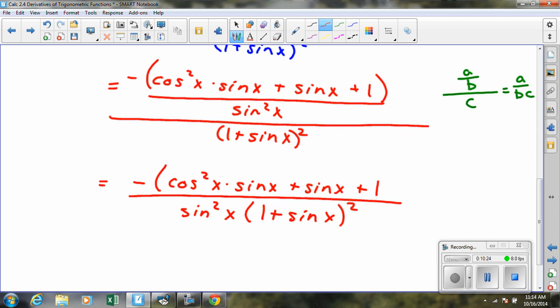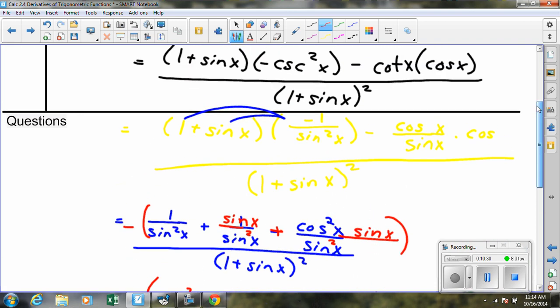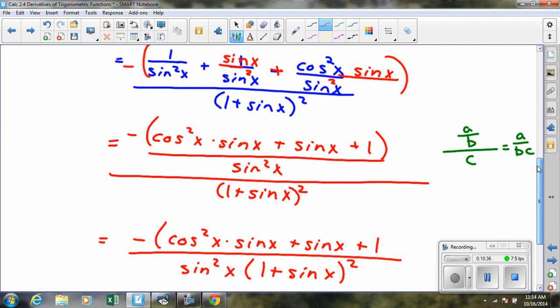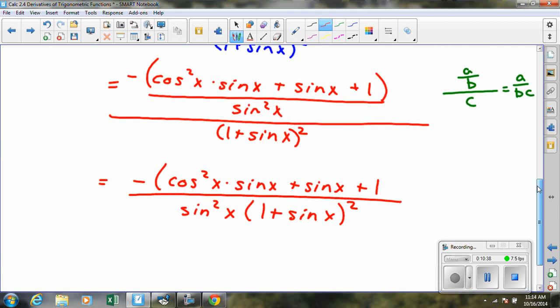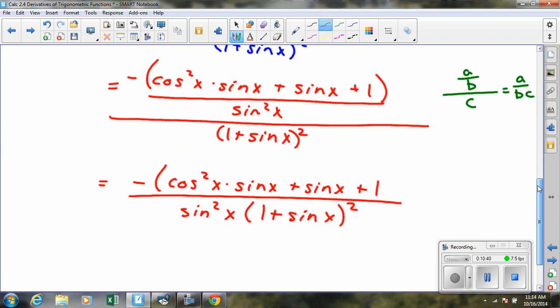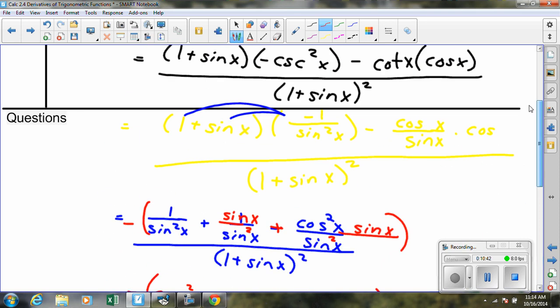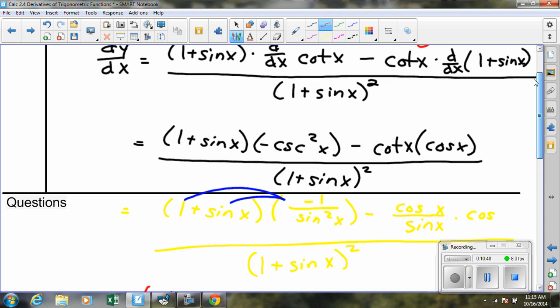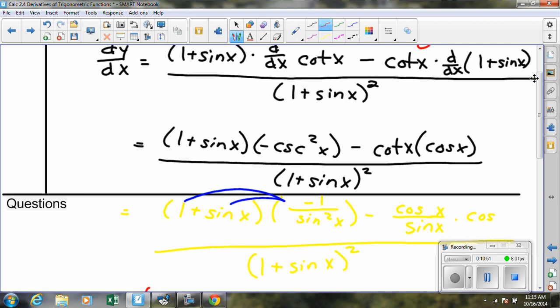We should note, it took some algebra, yes. Does it really look that much better than what we had here in the black? Maybe, maybe not. It depends on your preference. If you like these that are all in terms of sine and cosine, maybe it's not so bad. But if you don't mind having the other pieces like cosecant, cotangent, then the original one in black was probably better.